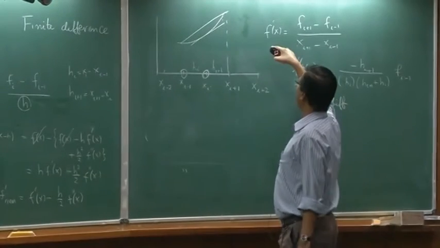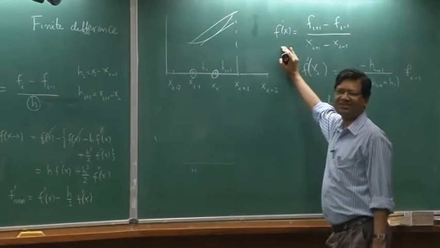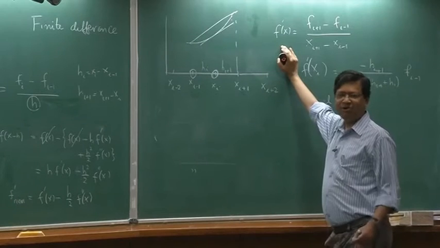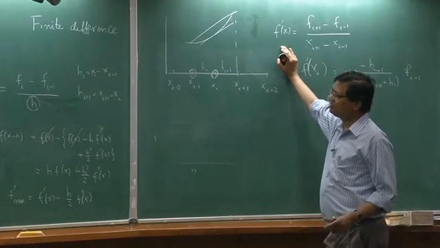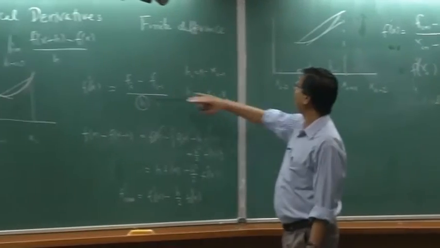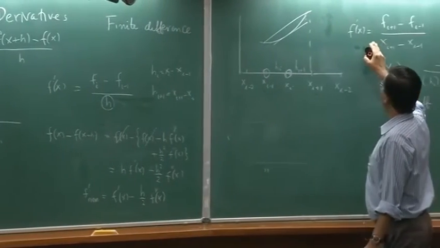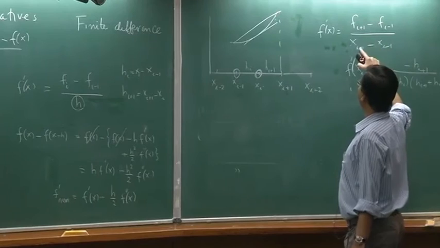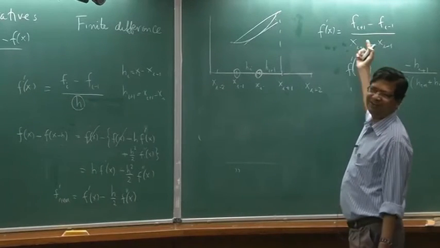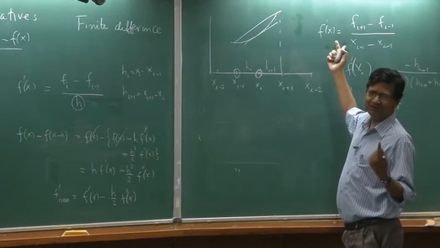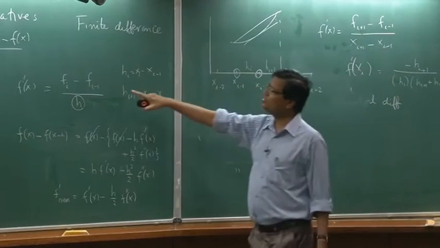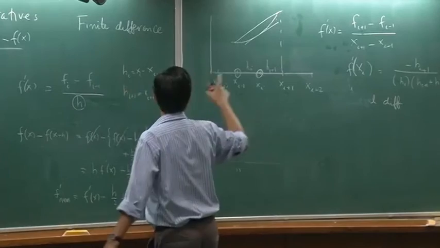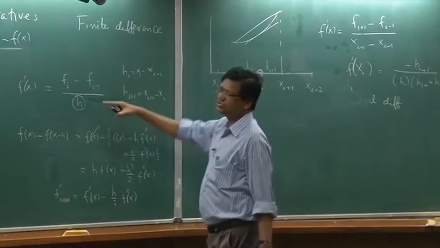Now, how many numerical operations were you doing here? Numerical operations are addition, subtraction and division. There is one division involved here, and there are two subtractions if you like, or if h is given to you, only one subtraction. So, the operation count is exactly the same in these two, but this gives you h squared and this gives you h.